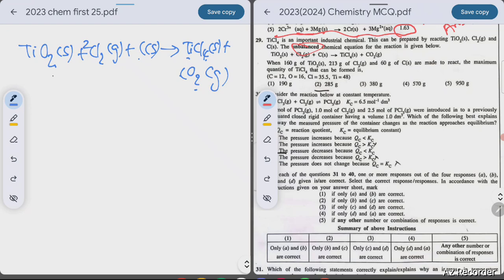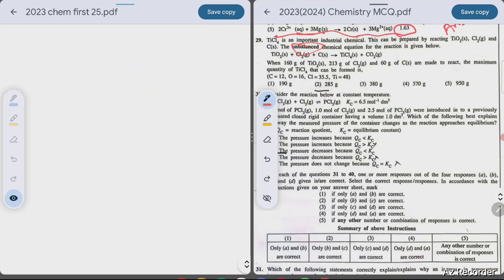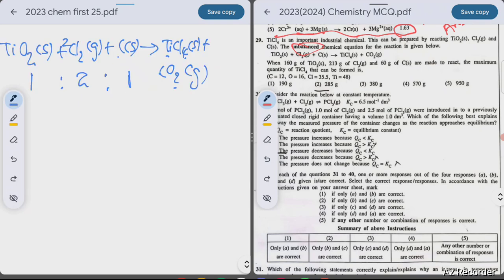Now what about the stoichiometric ratios? 1 mole of TiO2 reacts with 2 moles of Cl2 and 1 mole of carbon to give 1 TiCl4 and 1 carbon dioxide.